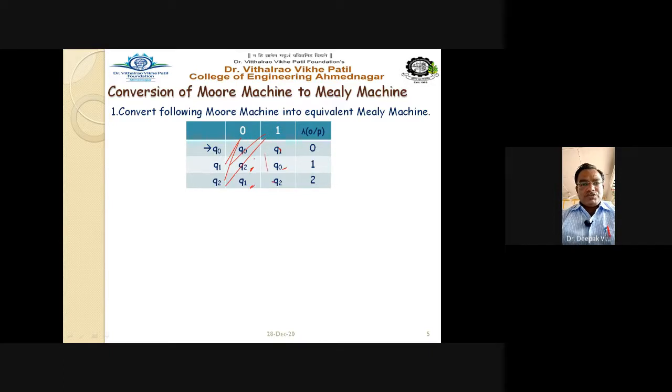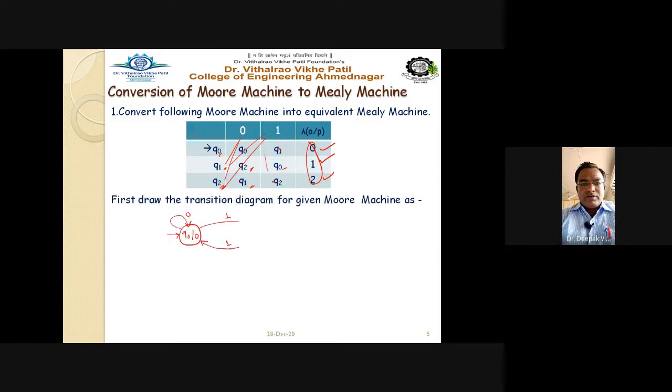The output associated with state q0 is 0, the output associated with state q1 is 1, and the output associated with state q2 is 2. So there are three output alphabets, 0, 1 and 2. From this transition table I can draw the transition diagram of the Moore machine.